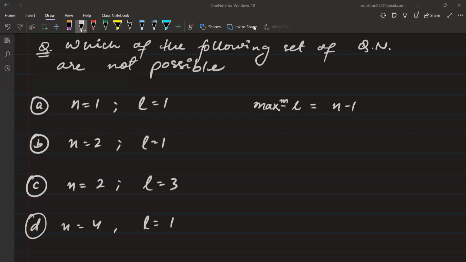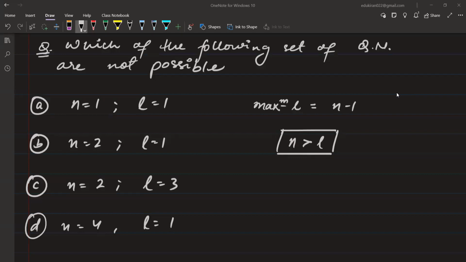That means we can say that n will always be greater than l. Correct? सही है यासिर? And I hope you understand that if the maximum value of l is n minus 1, then l will always be smaller than n. है ना?